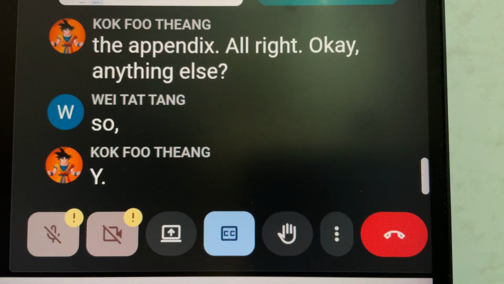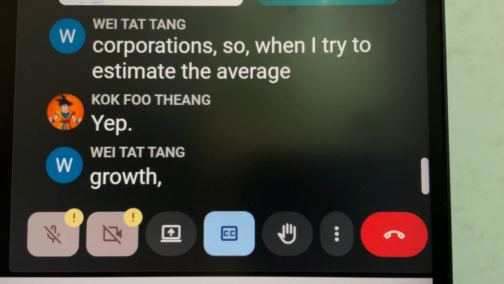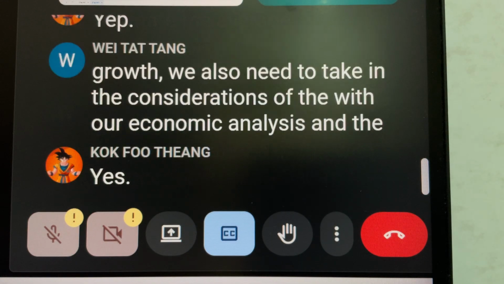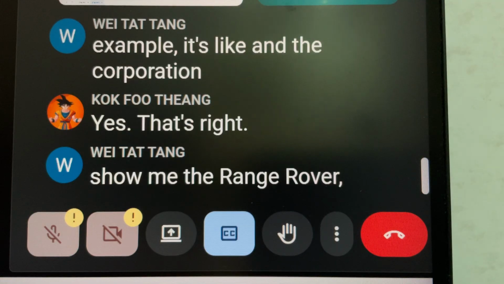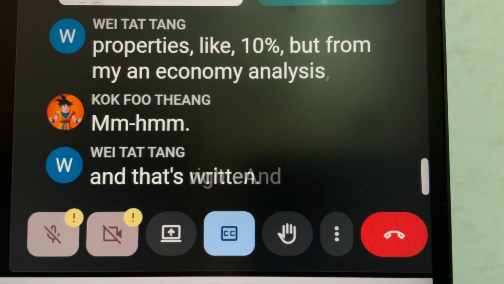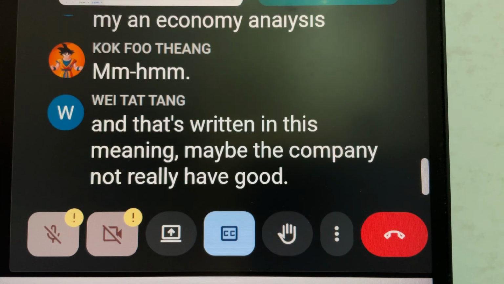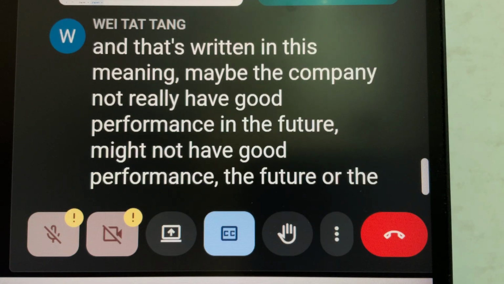Sir, for the intrinsic value calculations, when I estimate the average growth, we also need to take into consideration our economic analysis and industrial analysis. For example, the calculation shows the average growth is 10%, but from my economic and industrial analysis, the company might not have good performance in the future, or the economy might not be good.